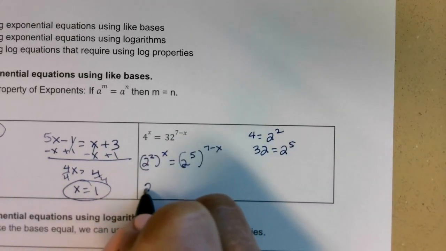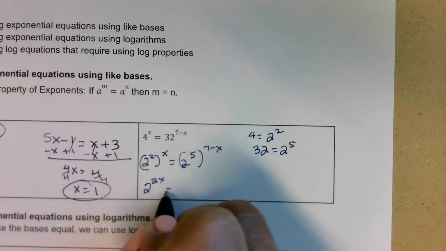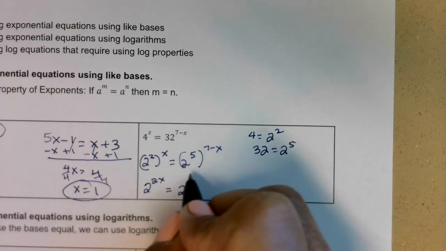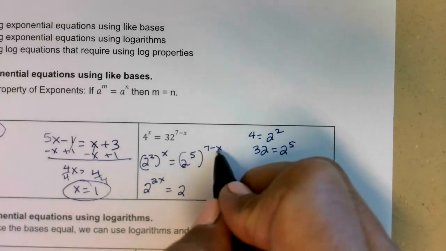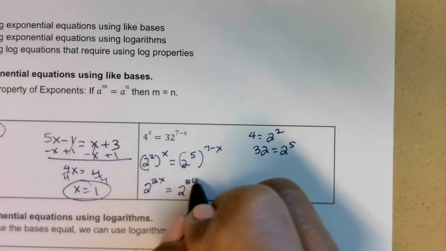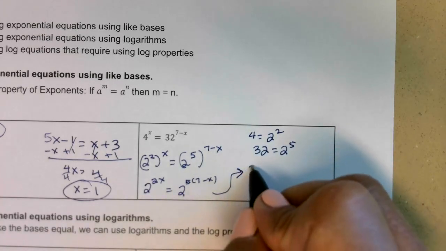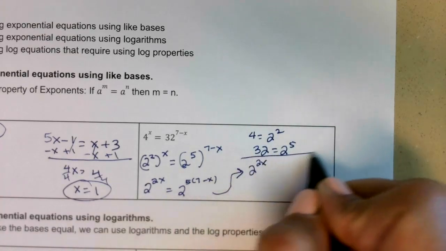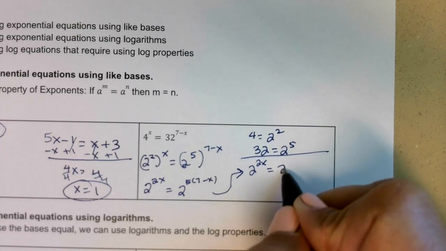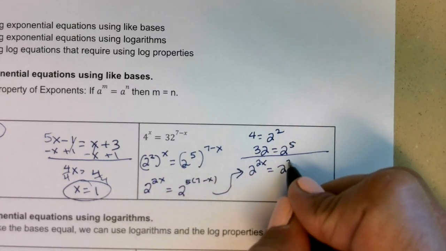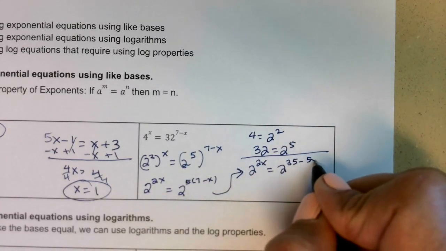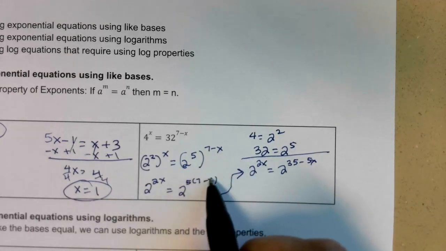So on the left we would get 2 to the 2x equals, and then on the right, 2 to the 5 is going to multiply the 7 minus x. So 5 times 7 minus x. So 2 to the 2x equals 2 to the, distribute, what is that, 35 minus 5x? Yes, okay.